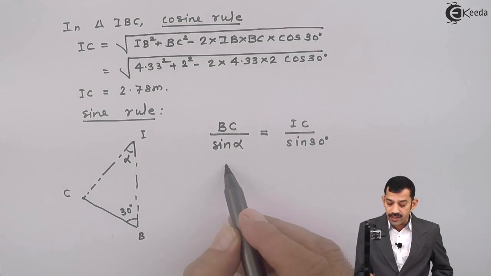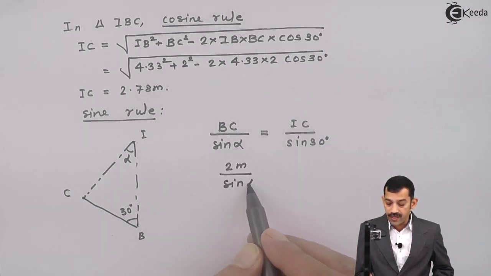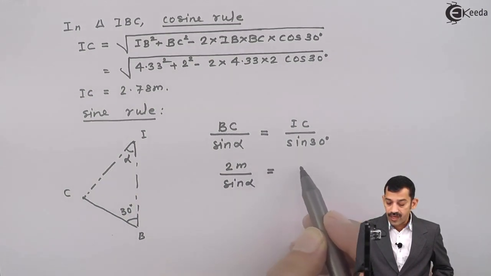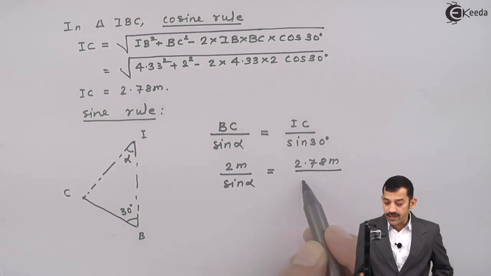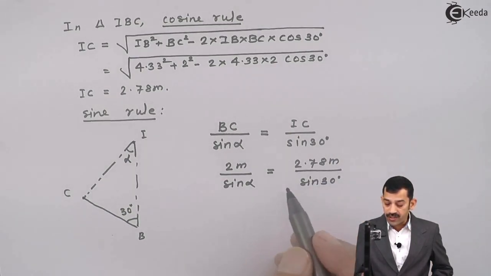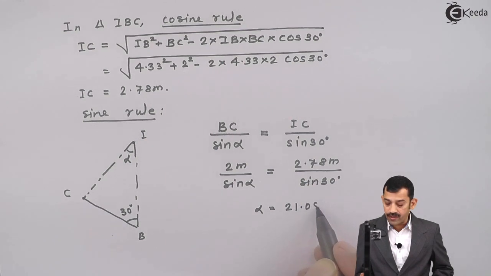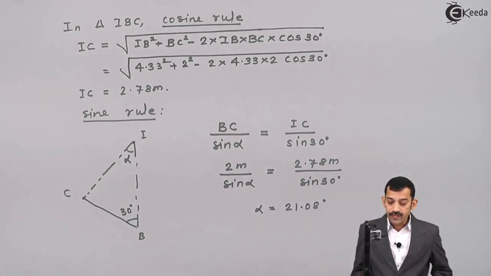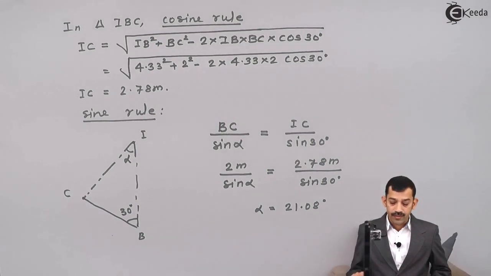Length BC is given as 2 meters divided by sine of angle alpha equal to IC length 2.78 meters divided by sine of 30 degree. Now using this sine rule, angle alpha comes out to be 21.08 degrees.